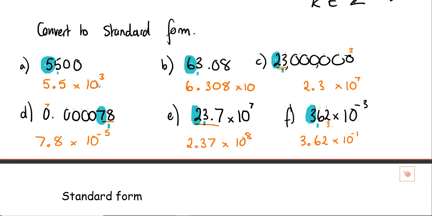Okay, and the answer is 3. Multiply by 10 3 times, which is the same as multiplying by 1,000. Okay, this one, however, 2.3 has to be multiplied by 10 7 times to give it the same value as 23 million.